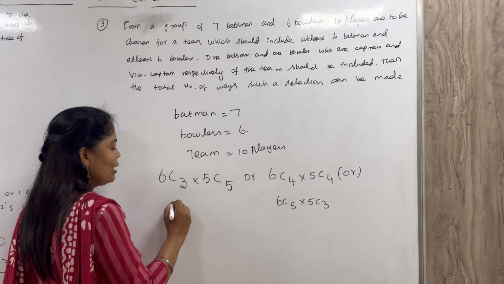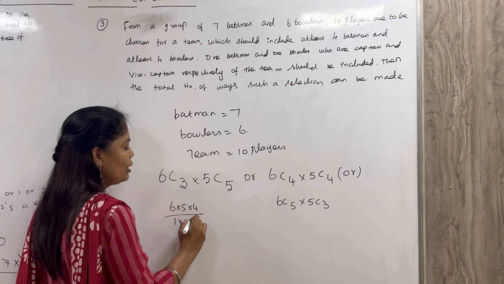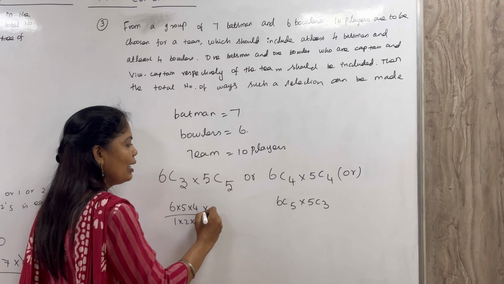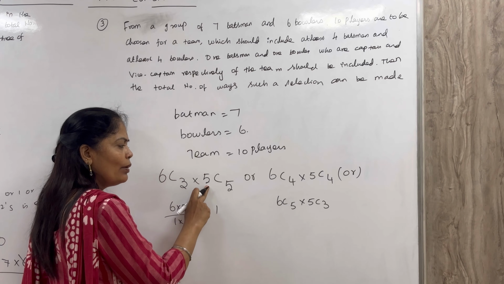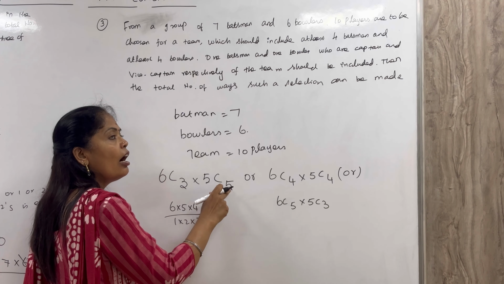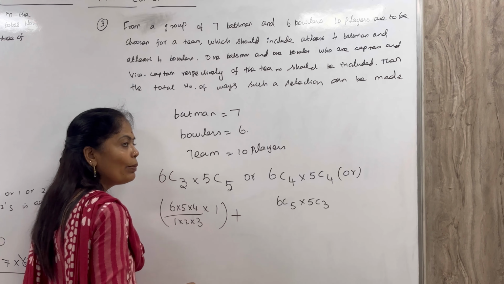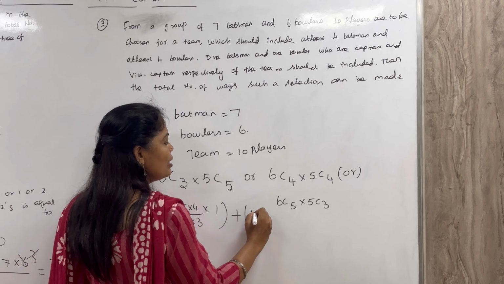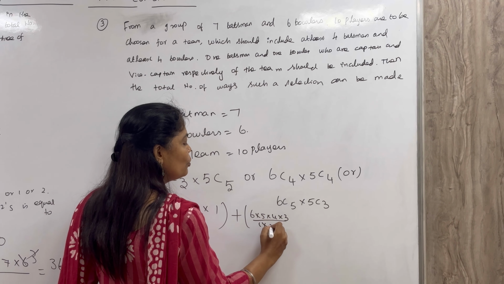So 6C3, you know the value, 6 5 4 by 1, 2, 3. You use the combination nCr. 5C5 is 1, nCn. Choosing all the 5 people, all 5 taken at a time. So the value is 1. Or means you have to put the plus. So 6C4, 6 5 4 3 by 1, 2, 3, 4.